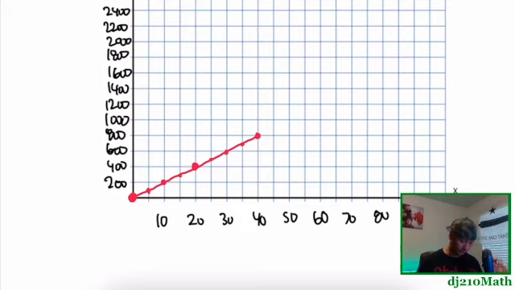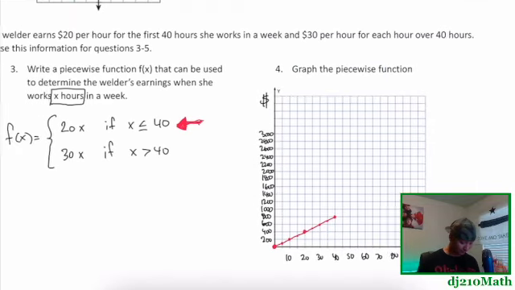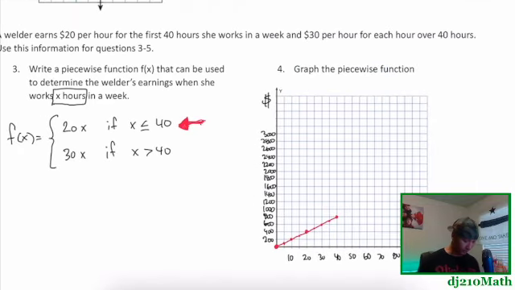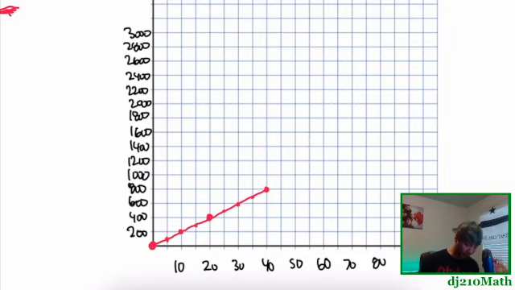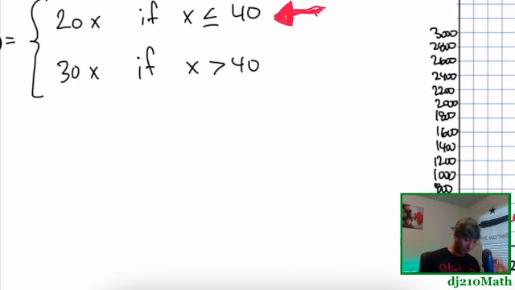All right, once she hits 40 and she keeps working, then 40 times 30, 4 times 3 is 12 with 2 zeros. So at 40 hours, she'll jump up to 1,200. Now she won't make 1,200 at 40, right? Because 40 is included in the top line, but the blue line will definitely pick up.